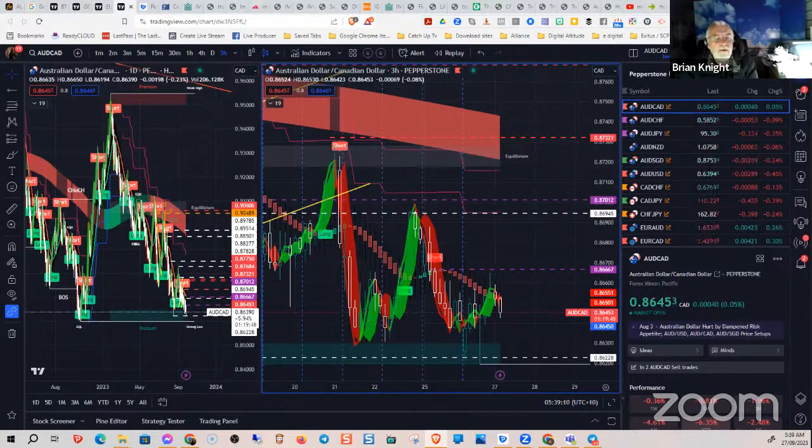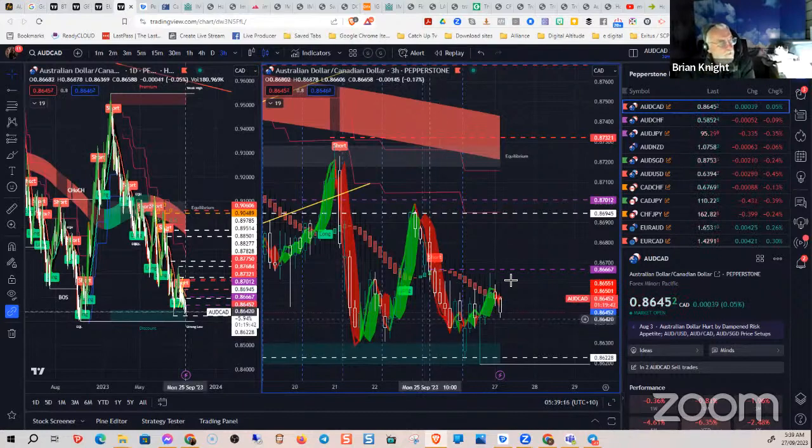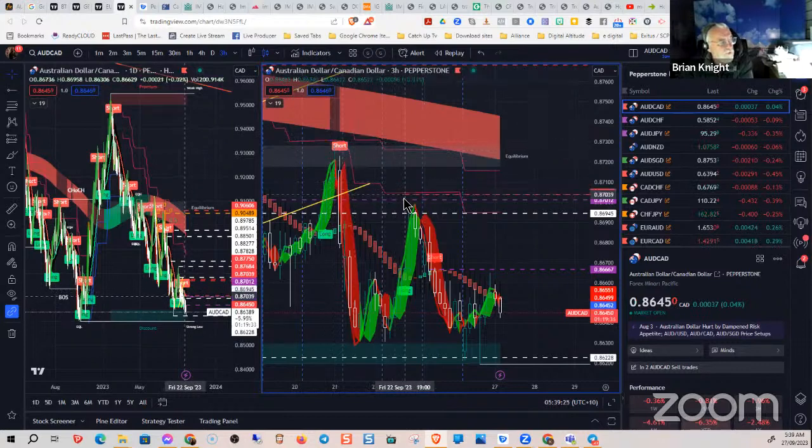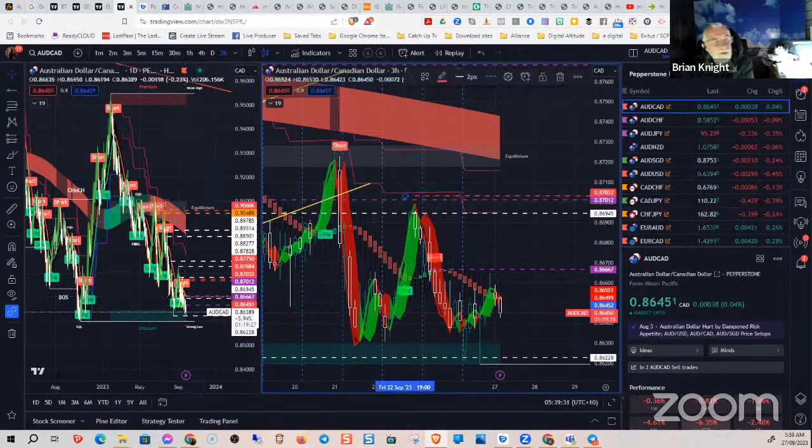Where's my latest AUD CAD? It's up 20 pips at the moment, right? And it's got a stop loss way up here. So what we might do is pull the stop loss down to this entry.